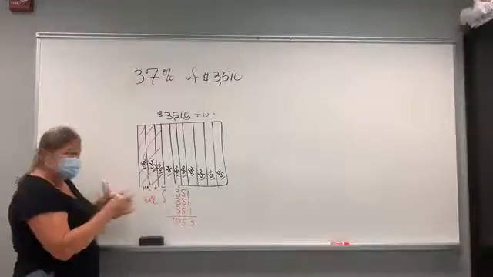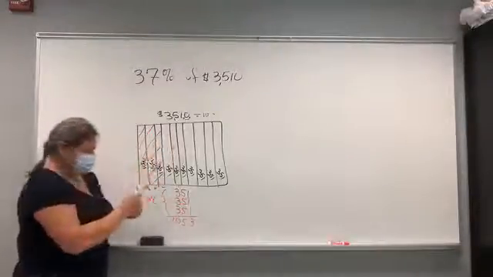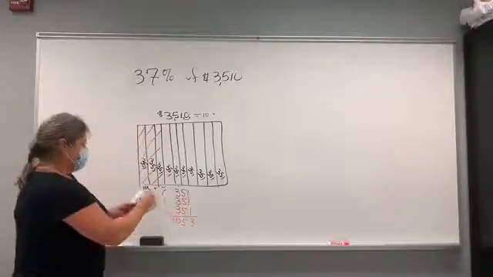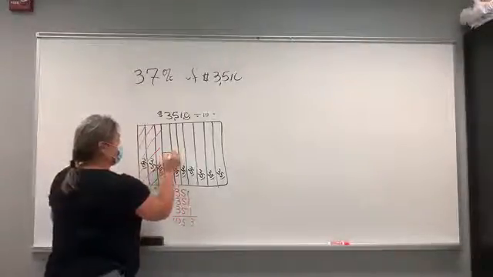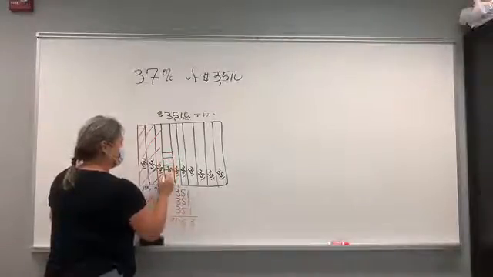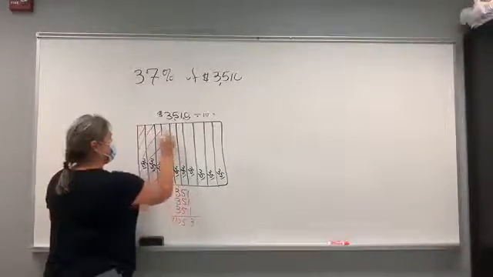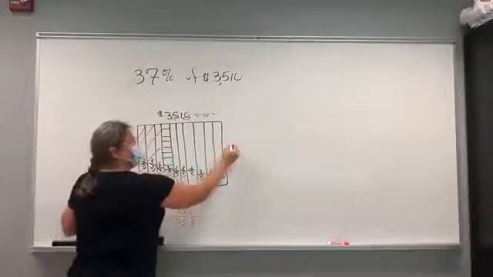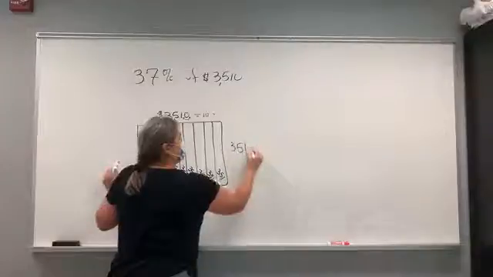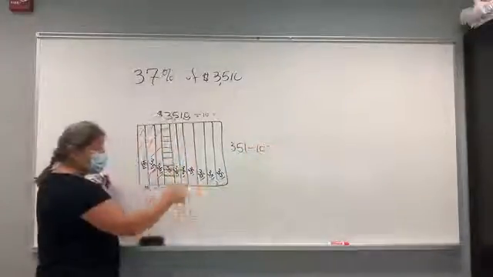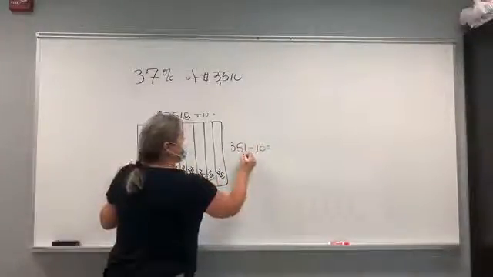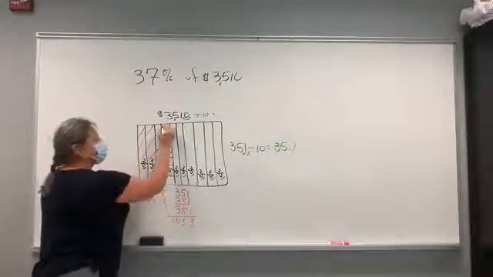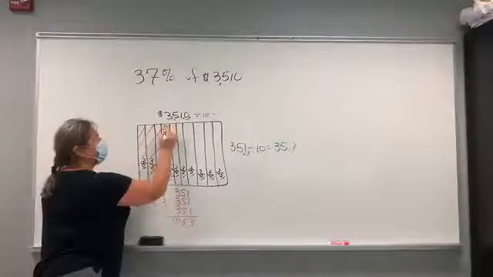So remember what we did on the last round. We took a column and we split it up into 10 pieces, so it gave us 1%. So I'm going to take this column and split it up into 10 pieces. And we know that if we have 351 divided by 10, because we just proved what happens every time this decimal moves over here, that means each of these little pieces is 35.1.